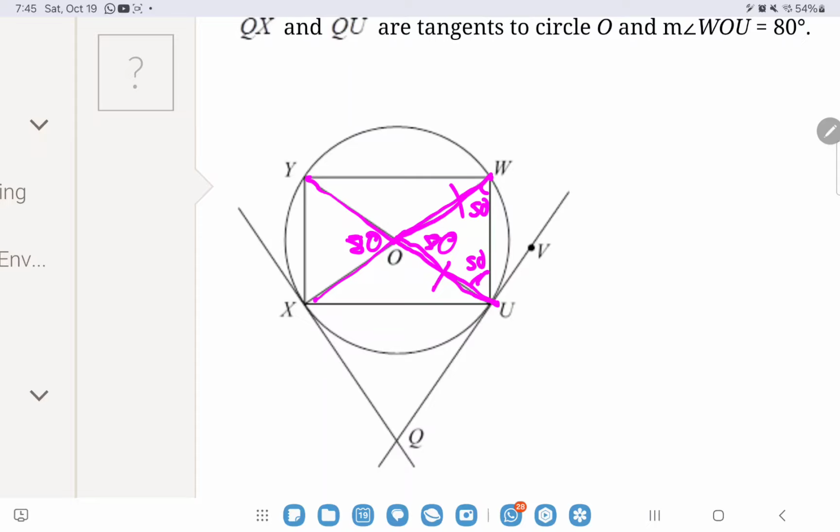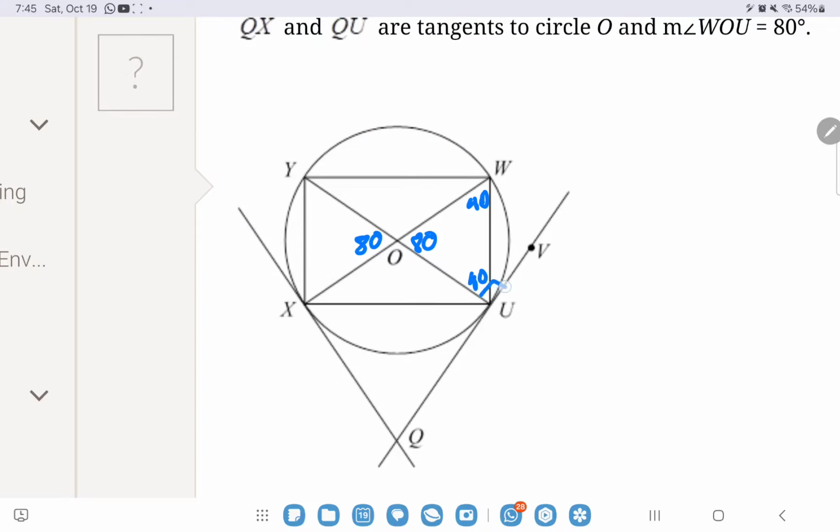So now we know pretty much half our angles. If this is 50, we know that when a radius is coming to a tangent, it makes a right angle. Wait, let me, also my drawing was messy. I could rewrite it. So this is 80, this is 80, this is 40, this is 40.